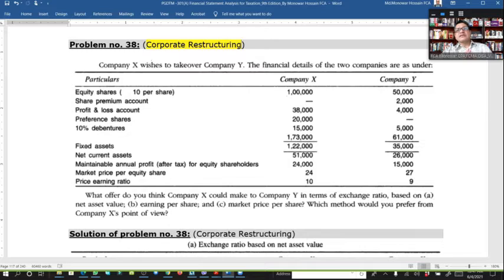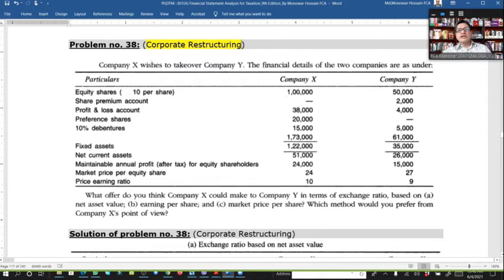The financial details of two companies are: equity share at the rate of 10 taka per share, here 1 lakh, here 50,000. Share premium, there is no premium here, but it's 2,000. Profit and loss account balance 38,000, it was 4,000. Preference share 20,000, there is no preference share for company Y. And 10% debenture 15,000, it has 5,000.